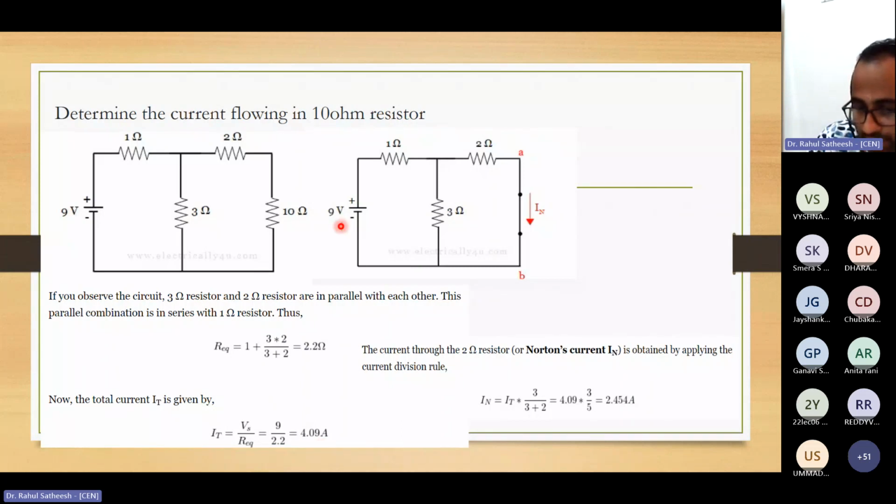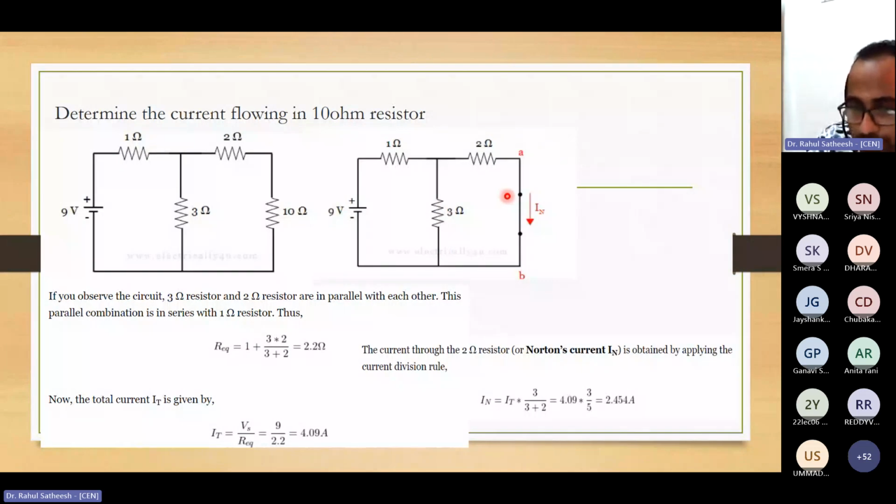9 volt divided by the R equivalent, 1 plus 2 and 3 in parallel, which is 2.2 ohm. 9 divided by 2.2 ohm gives 4.09 ampere as the source current. So what we need to find out is IN. Once the current is here, it branches to the 3 ohm and the 2 ohm.